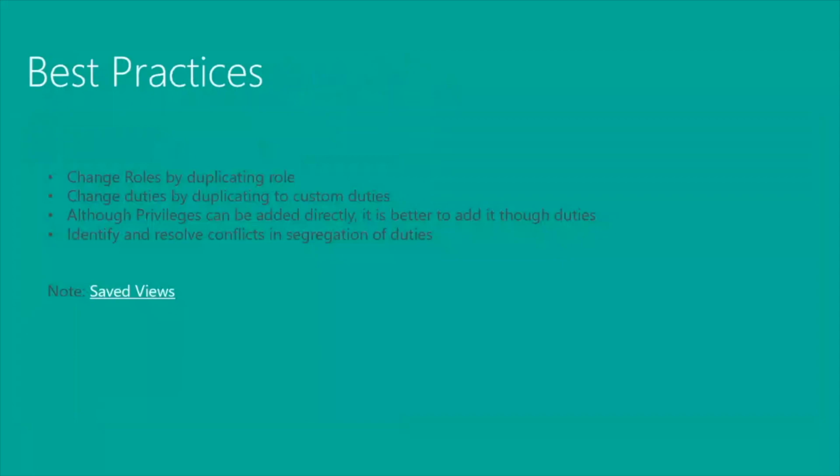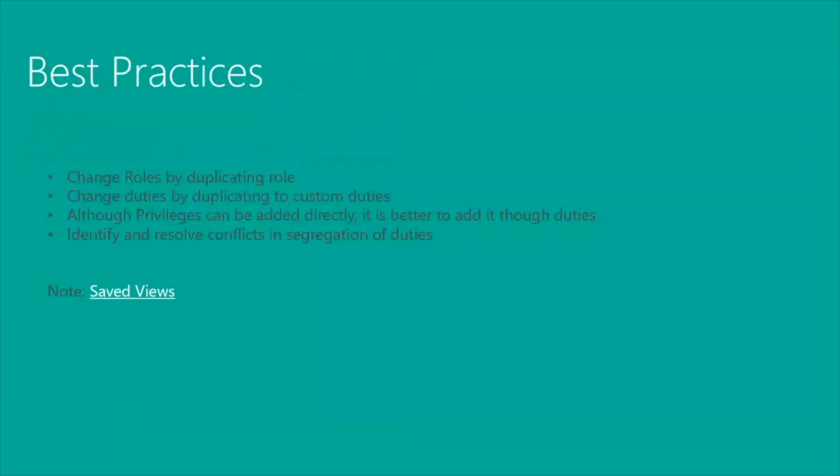The other thing is, sometimes we just want to change roles quickly, so we end up adding a couple of new privileges to that role, or taking privileges from here and there from multiple duties and then assigning them to the role directly. It is not wrong, but it would not ease the maintenance aspects of the role.